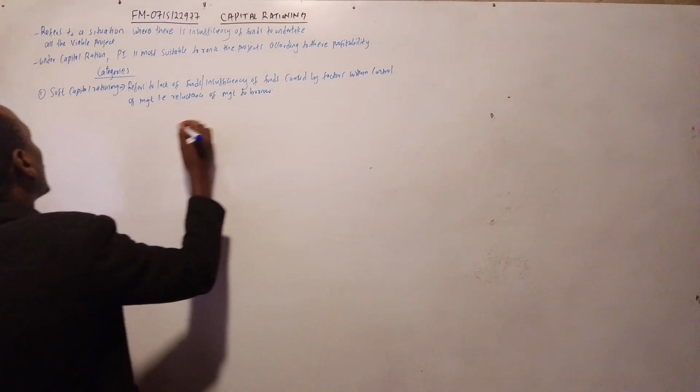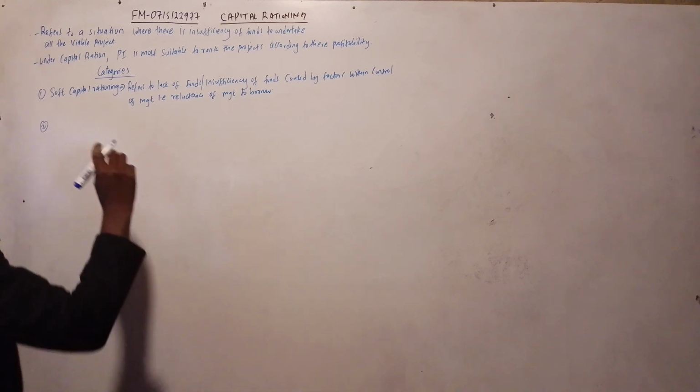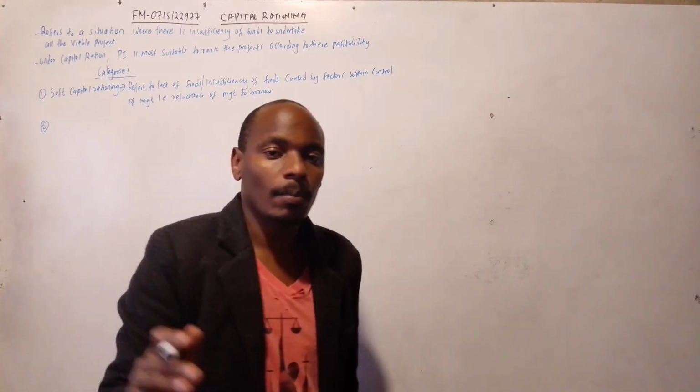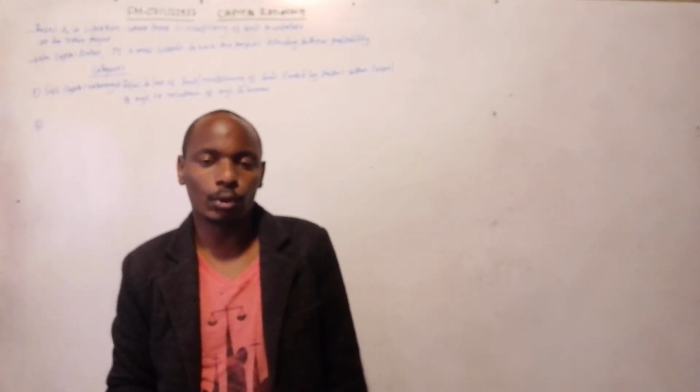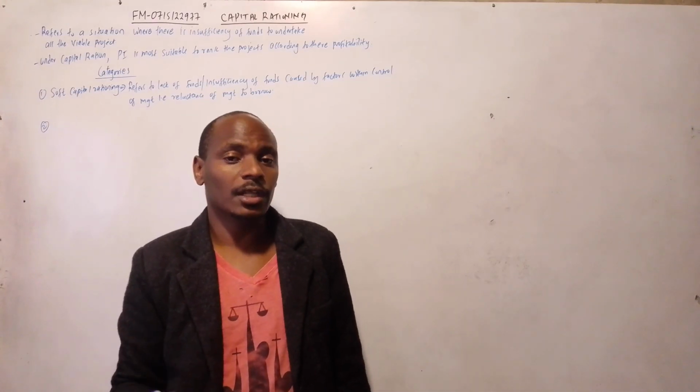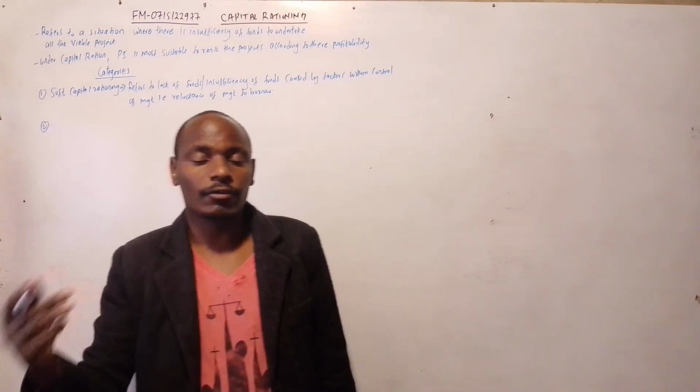The management can borrow money from a bank or whichever form. They have the power to borrow, but they don't want to borrow, and in that case they end up not having enough money. So we call it soft capital rationing.